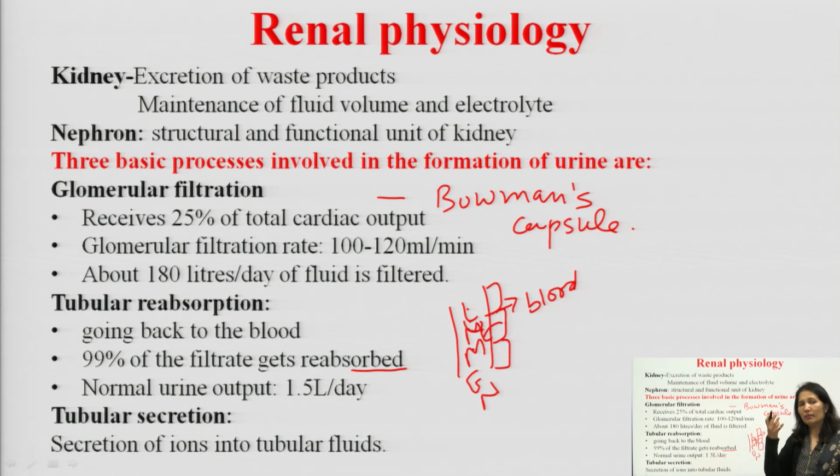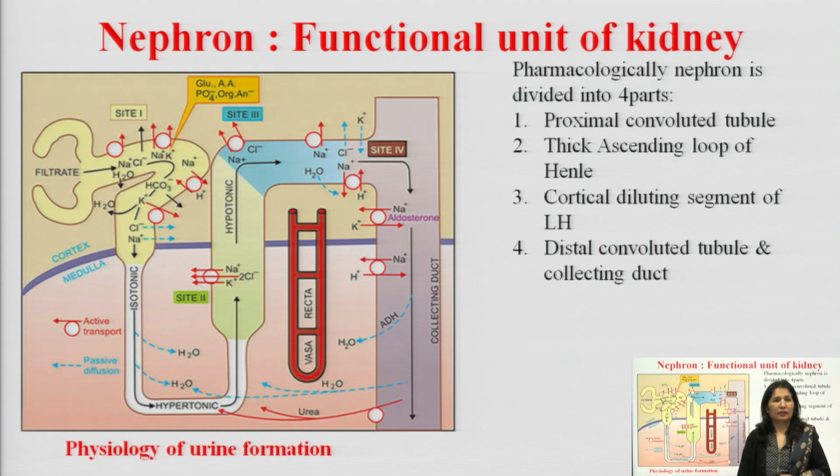Whatever comes into the lumen of the renal tubule will form urine. For better understanding, we will see this diagram of the nephron, which clearly shows the physiology of urine formation.